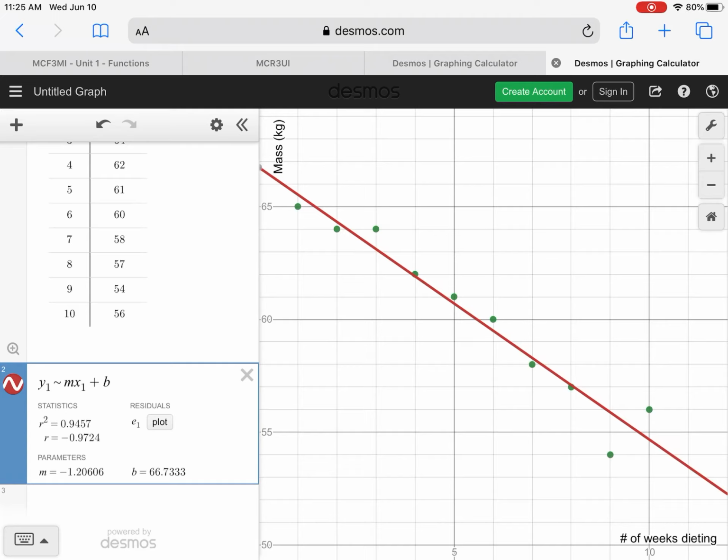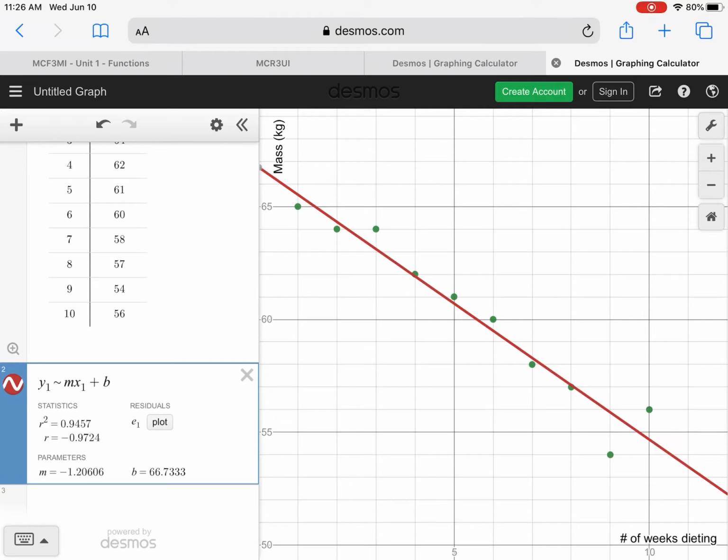And we can see that our equation, rounded to 2 decimal places, has a slope of -1.21 and a y-intercept of 66.73. We're going to sub those into our equation.